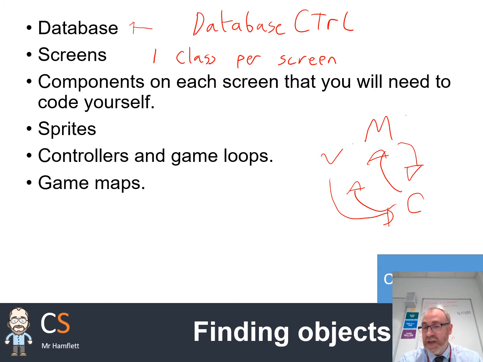The one place it probably will be the case, and I'll put this as a separate topic, is sprites. So every sprite will have a class. You've got your player, maybe your enemies. You might have multiple ones, so that might involve a little bit of inheritance as well, etc.